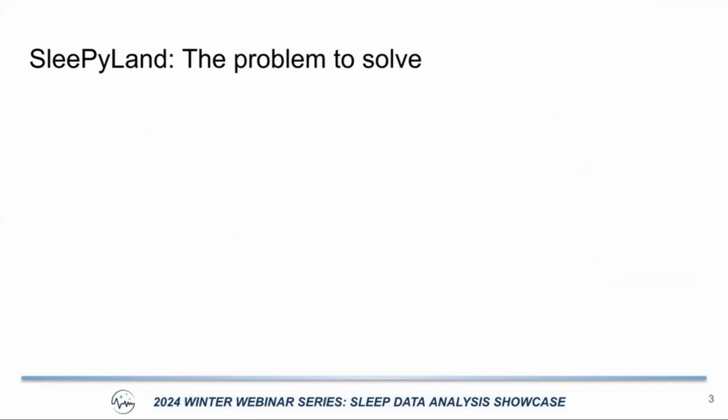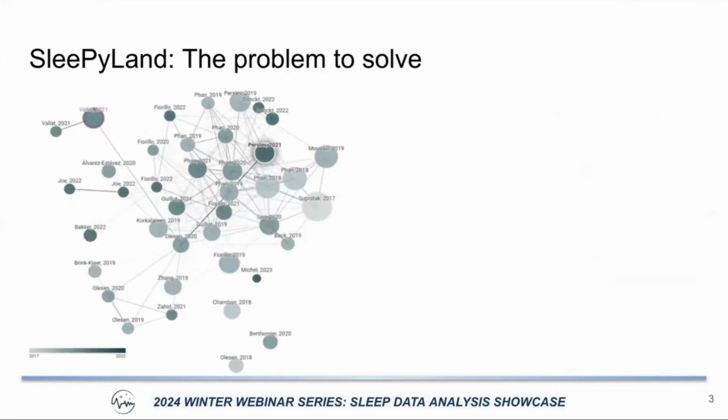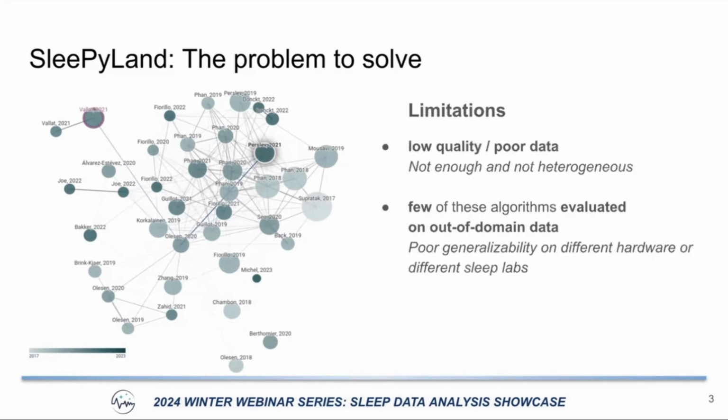Now, why SleePyLand? What is the problem to solve? To date, we have a lot of sleep scoring algorithms. Here, I'm just reporting a few of them, deep learning based and exploiting signals from the brain. The point is that all these algorithms come with some limitations.